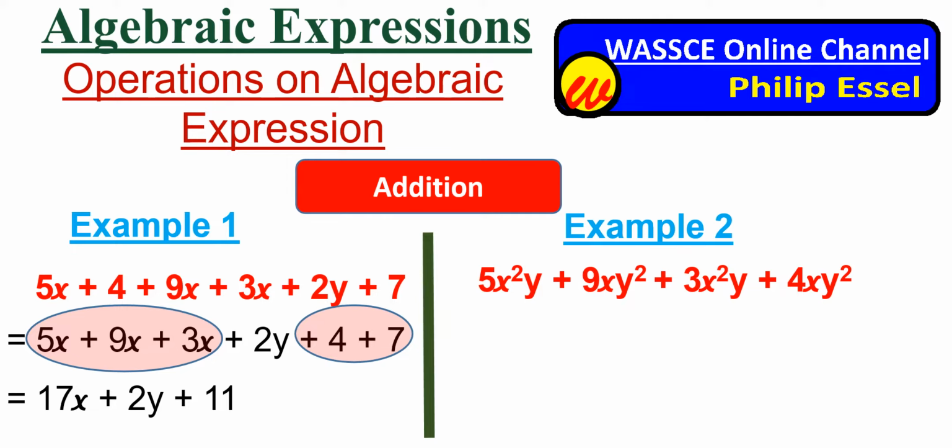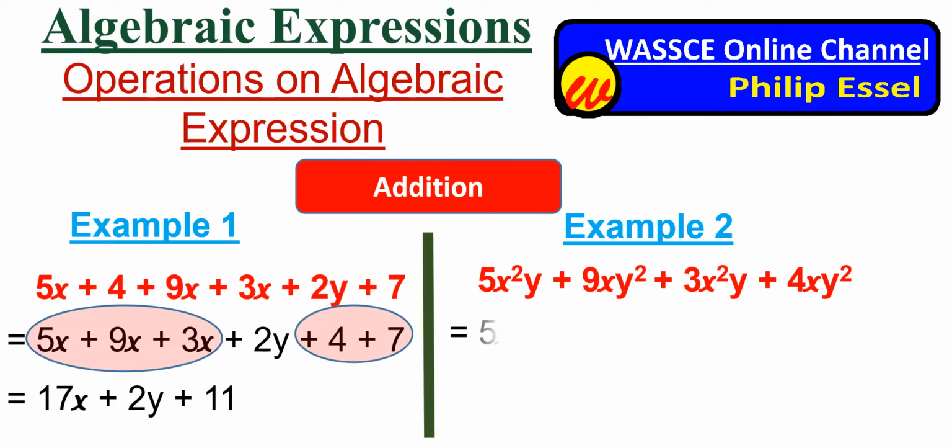So let's quickly do that. Our first step would be to rearrange the terms of this algebraic expression in a way such that all like terms will be on one side.